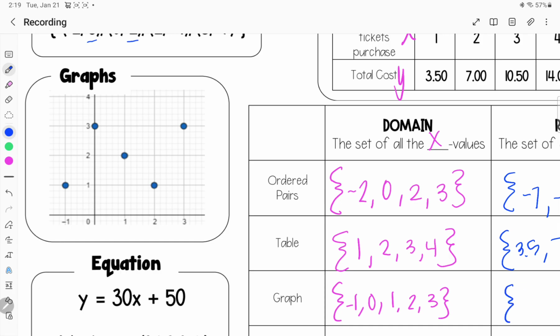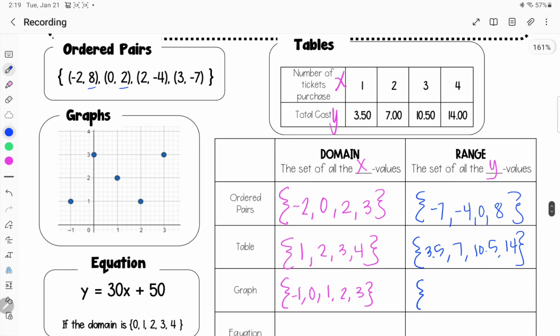If I'm looking for my y values, I'm looking this direction. So both of these are 3, so I don't need to put it twice. And then both of these are 1. So I'm, again, going to list least to greatest. I would have 1, 2, and 3. So those are our y values. Our x values went this way.